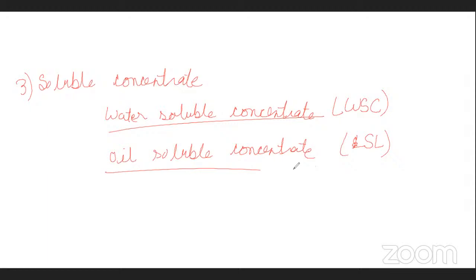The oil soluble one is not soluble in water, but it is solubilized in an organic solvent, and that solvent is added to the water. Then it is known as the liquid suspension, while the water soluble ones readily solubilize in water.